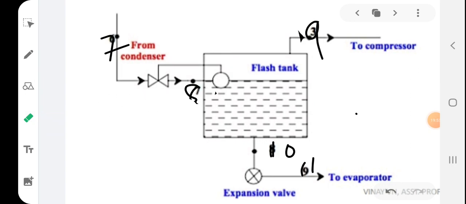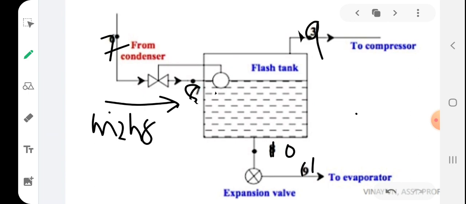So what is the enthalpy of the stream entering the flash chamber? It is m dot 2 into h8. Leaving to the compressor is m dot 3 into h9. The other stream leaving is m1, remaining, m1 into h10.